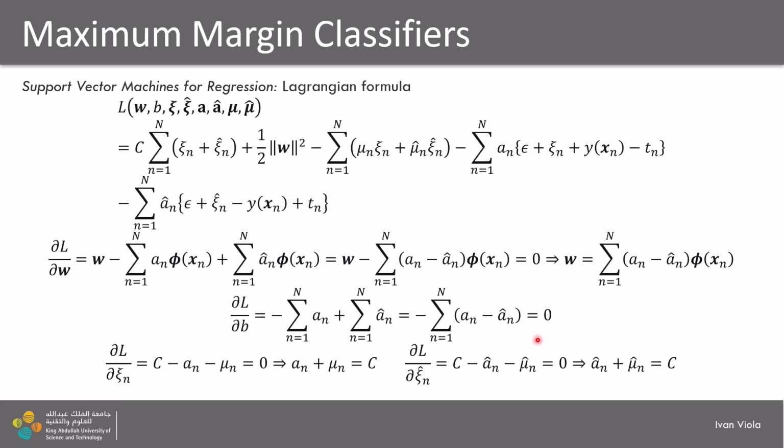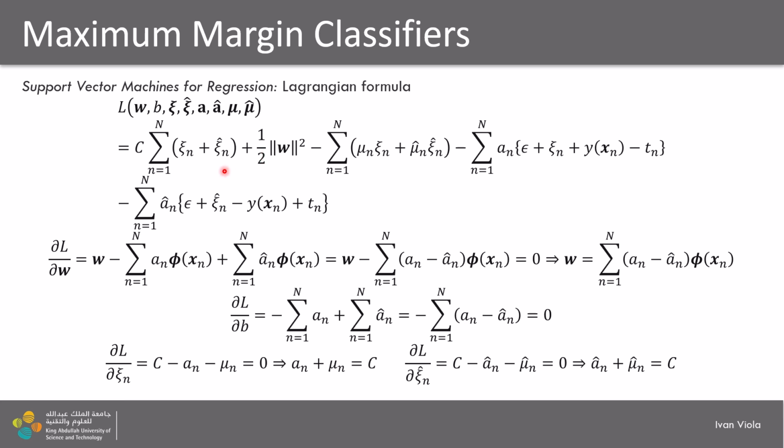What remains to be said is about the partial derivative of the slack variables xi_n and xi hat n, where we can see that they are occurring in many terms here, in basically almost all of the terms except of this weight term.